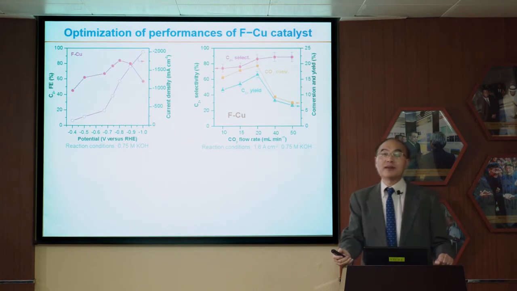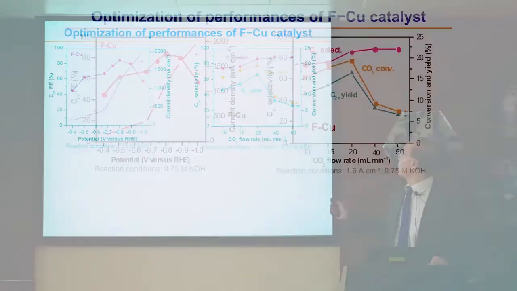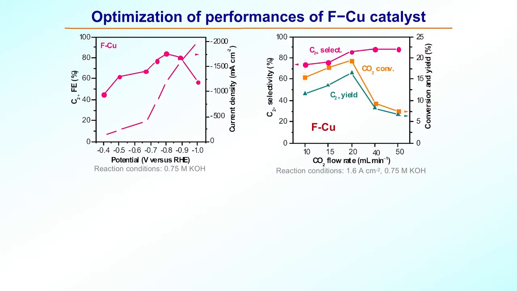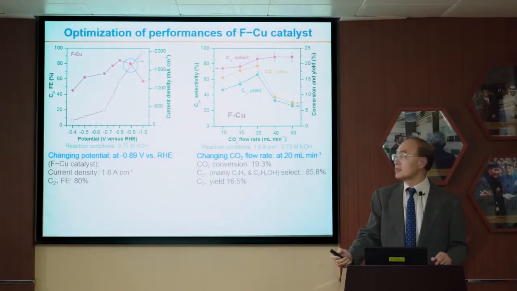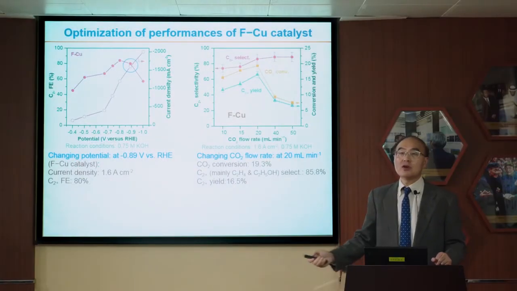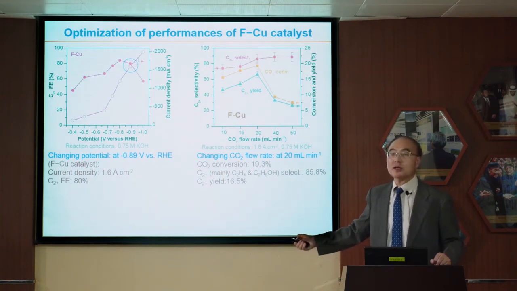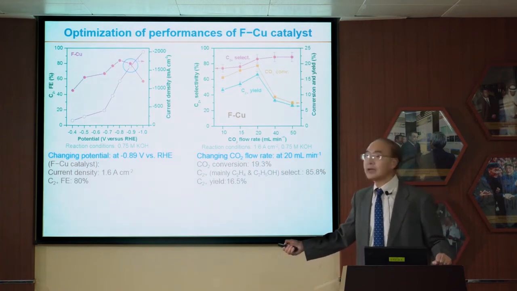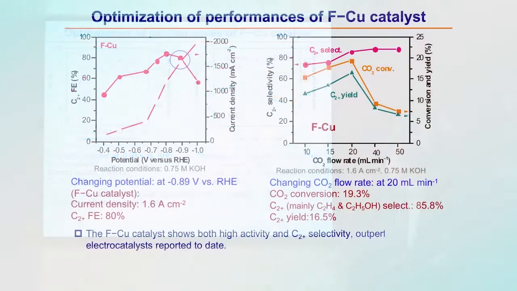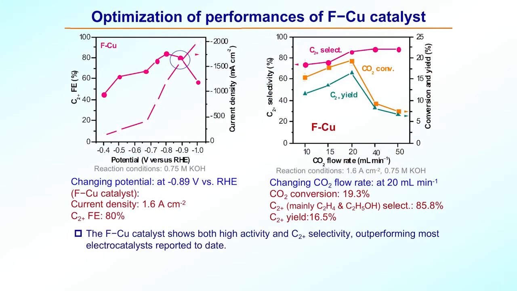Further optimization of the performances of the fluoride copper catalyst by changing the applied potential and changing the CO2 flow rate demonstrate that the current density could reach 1.6 ampere per square centimeter, and C2+ Faradaic efficiency was kept at 80%, outperforming most electrocatalysts reported so far to date.